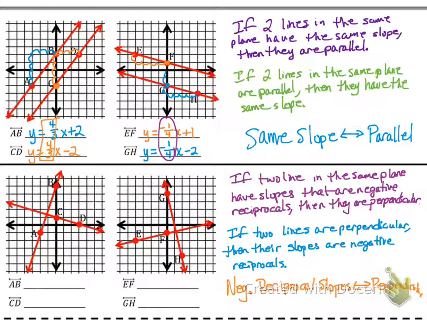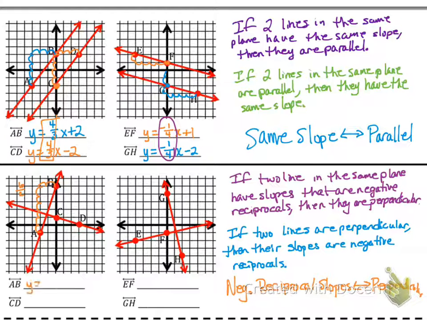Make yours neater. Okay. So, now if I look at line AB, it has a slope of up 6, to the right 2. So 6 over 2, that's 3.